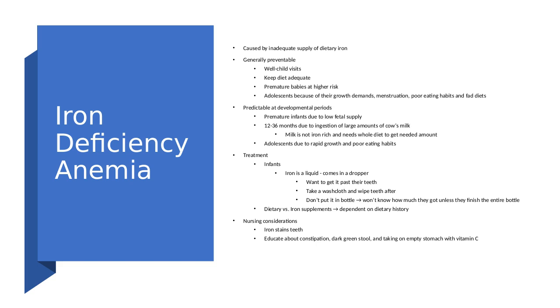So we always give babies milk because we want them to have their calcium, but milk is not rich in iron, so they need everything in the diet to get the needed amount. Since milk isn't rich in iron, but it is very filling, you want to teach mom to not just give bottles and bottles of milk, because baby will be full, but baby will not have iron. And then adolescents, due to the rapid growth, as mentioned before, and poor eating habits and the beginning of menstruation for females.